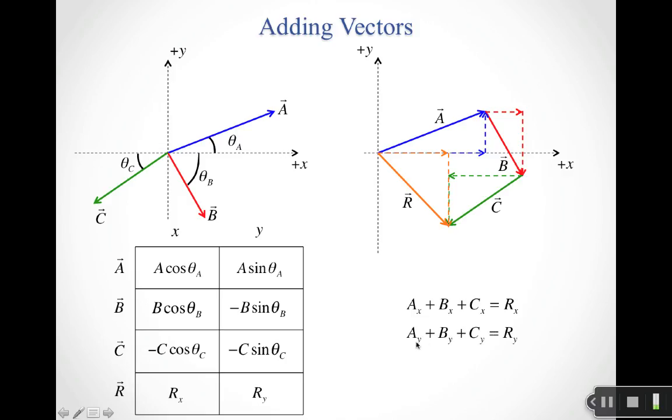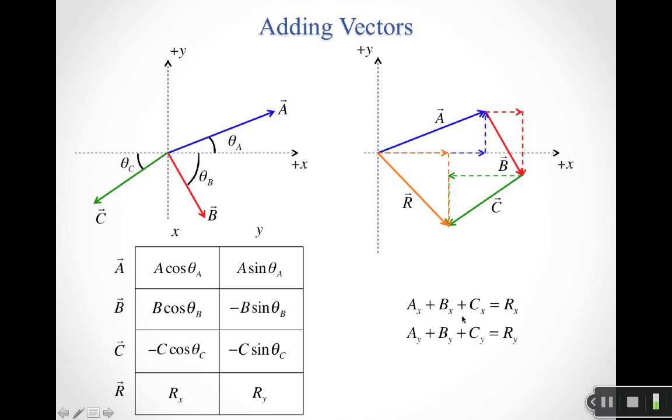And then the y component of the resultant is the sum of the y components of your three vectors. So when we look at that initial vector equation, where R equals A plus B plus C, all those were written as vectors, but that's really hiding one equation per dimension. And since we have two-dimensional vectors here, we really need two equations.